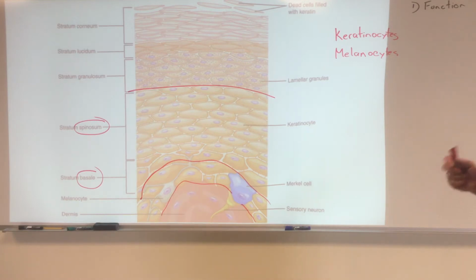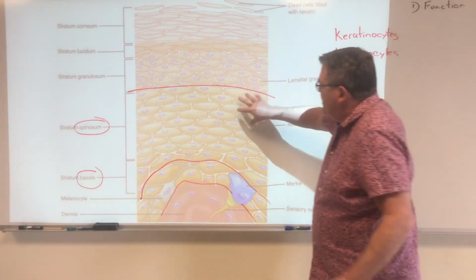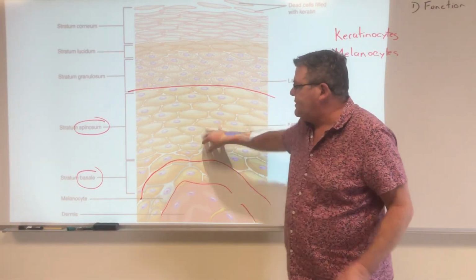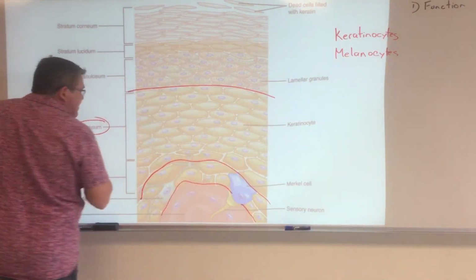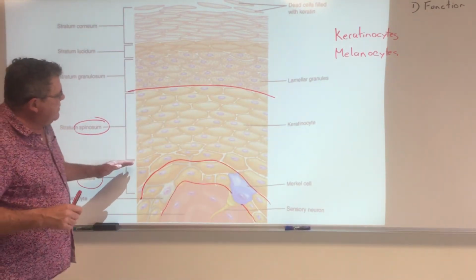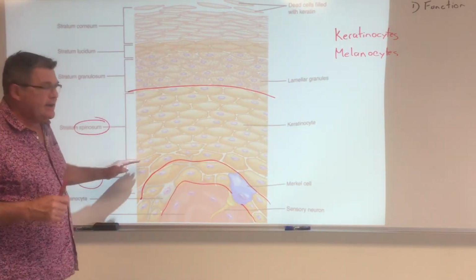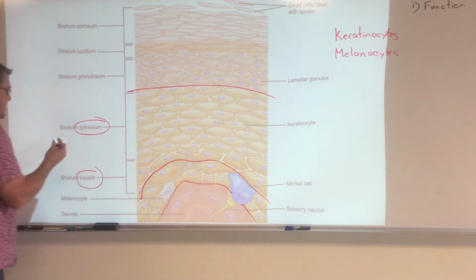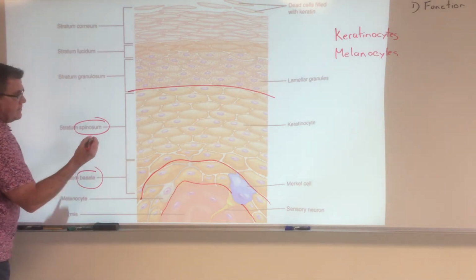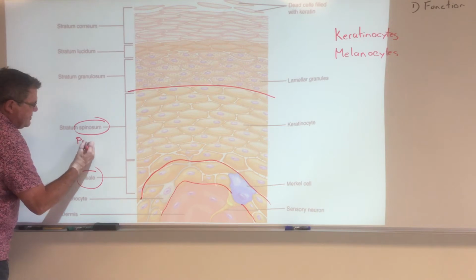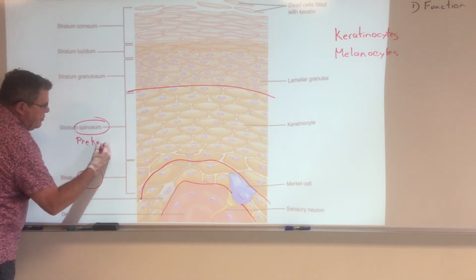So it's a spiny layer. So it's changed at this point. The morphology has started to change. And typically, yeah, it's about this thick, 5, 6, 7, 8 cell layers. And they start to produce pre-keratin.